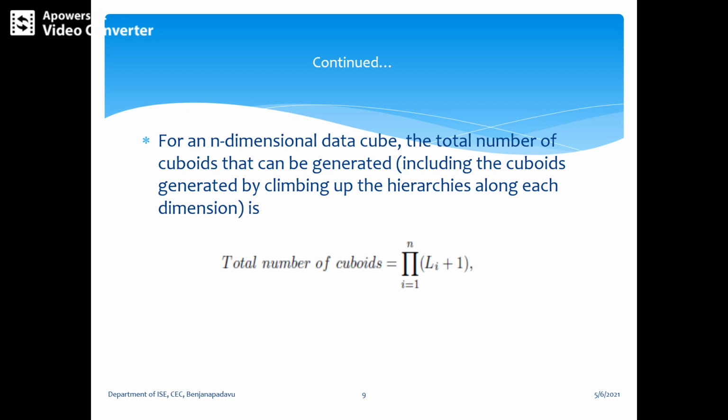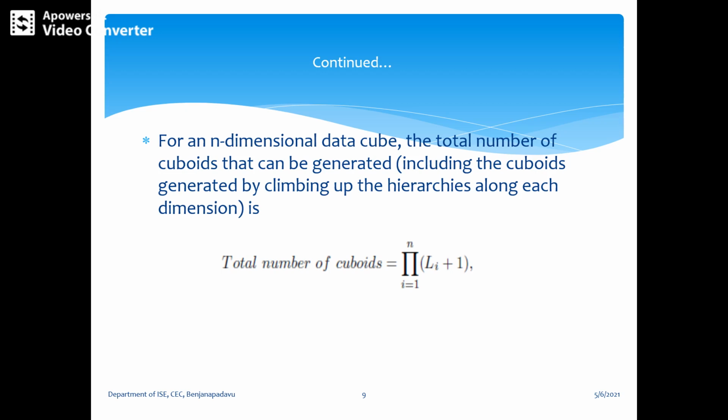However, in practice, many dimensions do have hierarchies. For example, time is usually explored not at only one conceptual level, but at multiple conceptual levels, such as in the hierarchy day, month, quarter, year.